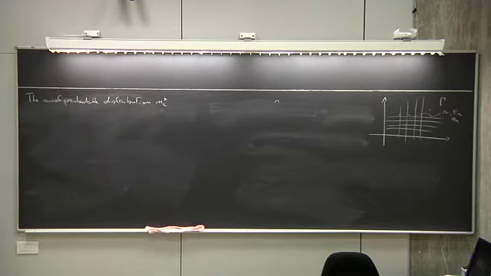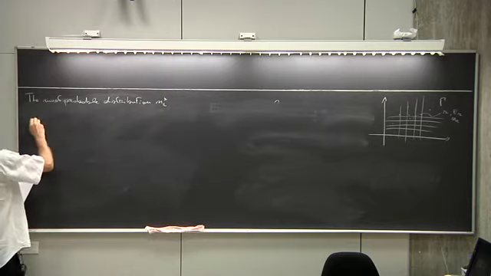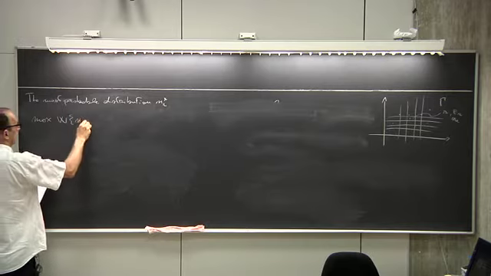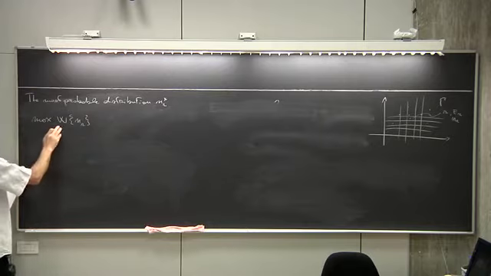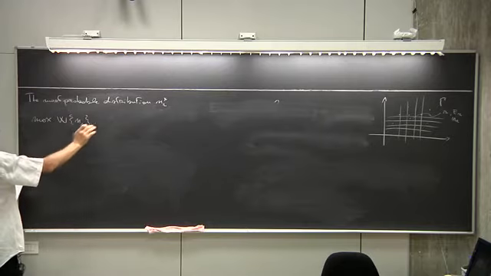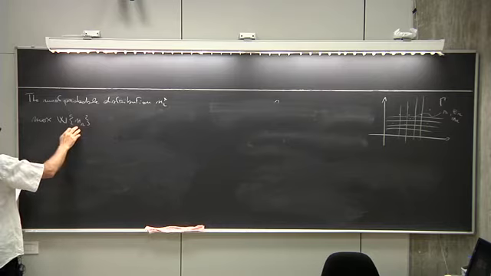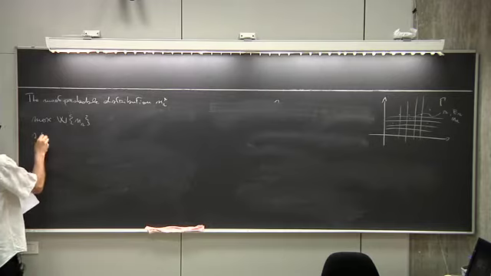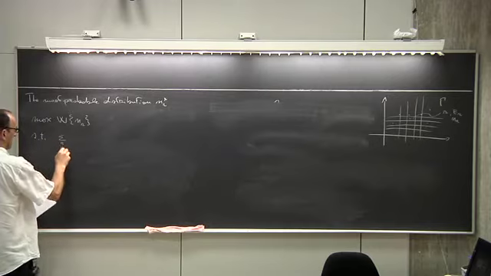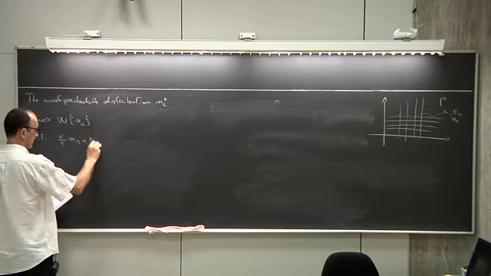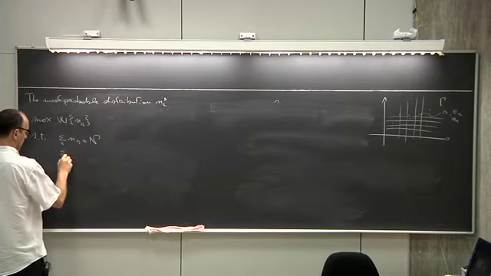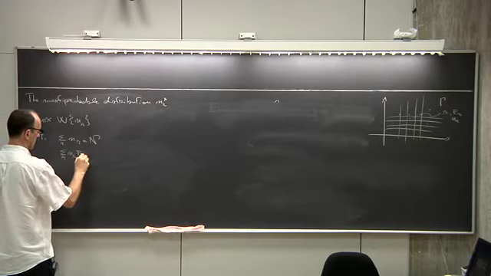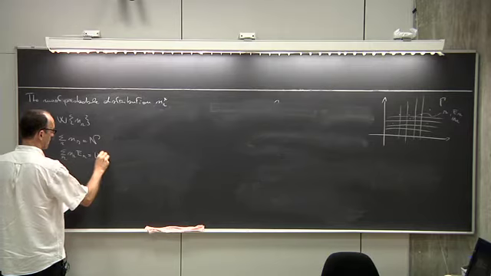The most probable distribution is the one that maximizes W of n of r, the number of ways to distribute the points in the ensemble corresponding to that distribution, subject to the constraint that sum over r of n of r must be equal to N, and sum over r of n of r times E r is equal to U times N.